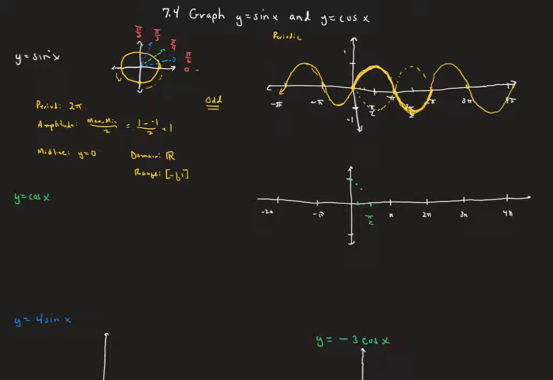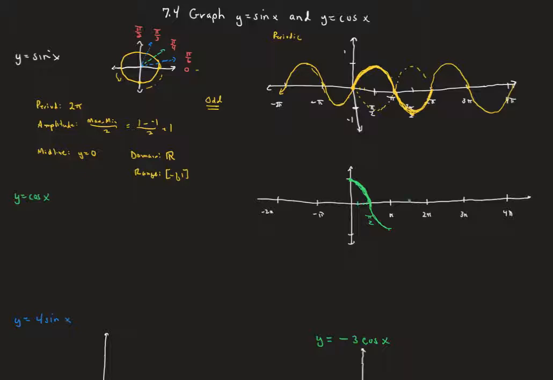When we get to pi over 3, we're going to be at a half. And then by the time we get to pi over 2, it's going to be 0. And I'm not drawing that very curved, but I'm going to try to fix it. That should look more like a curve. When we get to pi, cosine of pi is -1, so it's going to come down as a curve there.